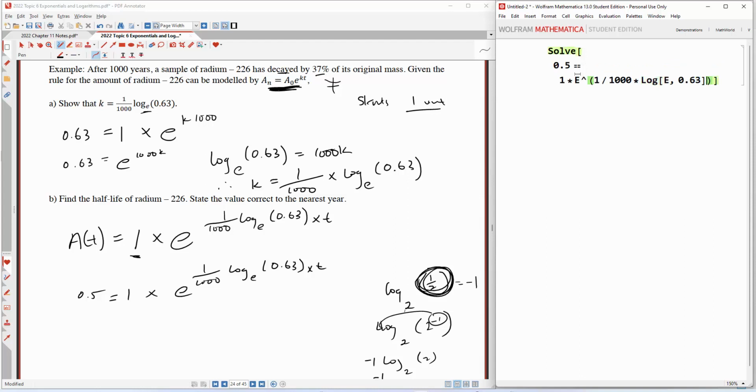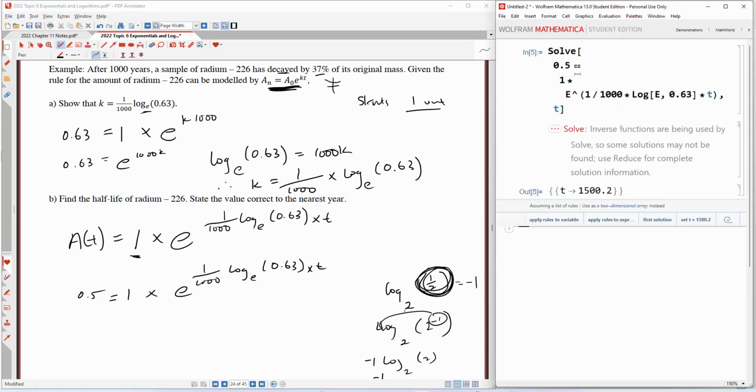I think that's it. Times t for t, please. All right, and state the value correct to the nearest year. So the half-life is t equals 1500.2. Therefore, 1500 years is the half-life.